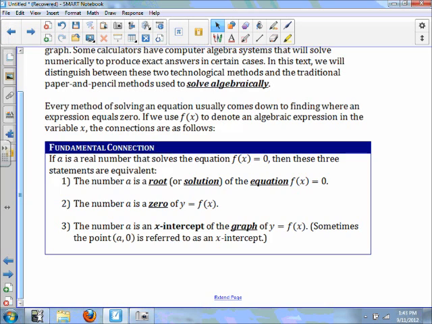The number a is a root or a solution of the equation f of x equals 0. The number a is a 0 of y equals f of x. Also, the number a is an x-intercept of the graph of y equals f of x. Sometimes the point (a, 0) is referred to as an x-intercept. Please keep these in mind, this fundamental connection. You'll see them in the directions again and again in different ways.